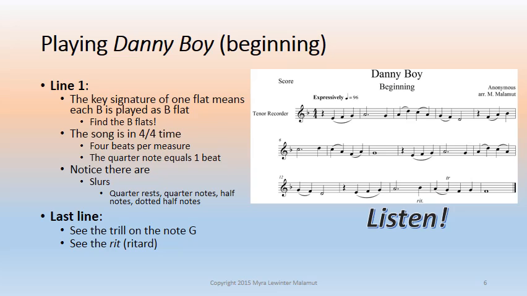There are also quarter rests, quarter notes, half notes, dotted half notes, and 1 whole note at the very end. Taking a look at the last line, notice the trill over the note G. So that's a G-A-G-A-G trill. And notice the abbreviation for ritard that occurs beneath the last B flat in the song.